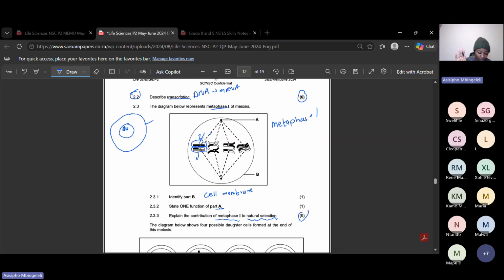Let me explain all the points. Random arrangement of chromosomes, tick, results in the formation of genetically different gametes, tick. This leads to an increased genetic variation in a population, tick, which will cause, since we are different as individuals, natural selection, because remember we speak about others surviving and others not surviving, right?